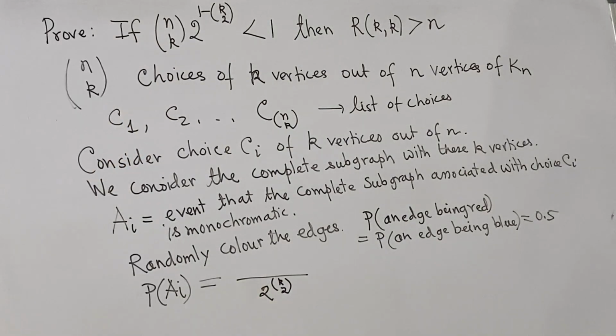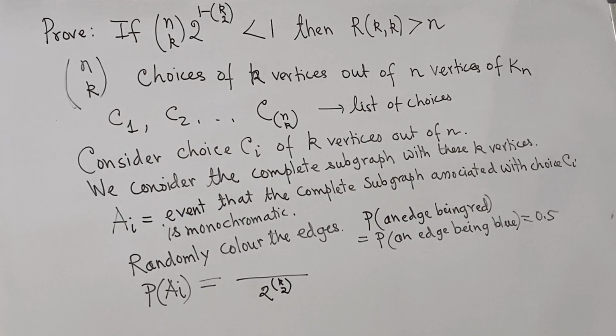There are kC2 edges in this complete subgraph. Each edge can be colored either red or blue. And out of this, in how many ways can we color this complete subgraph in a monochromatic manner?